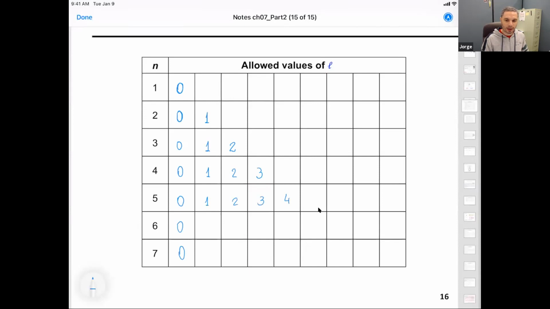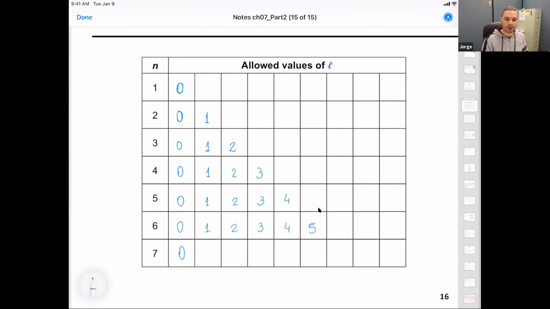And then n equals 6, same idea here, starts from 0, goes all the way to n minus 1, which is 5 in this case. And then let's fill the gaps with units. 0 plus 1 is 1, 1 plus 1 is 2, 2 plus 1 is 3, 3 plus 1 is 4.